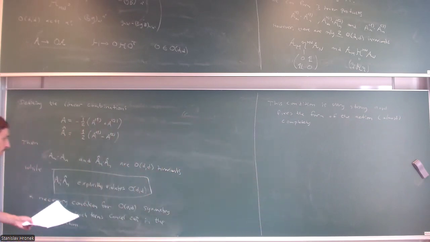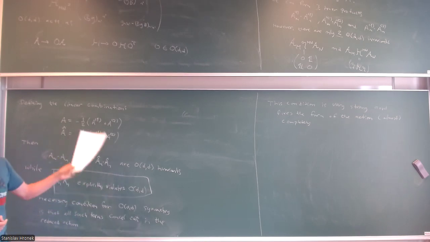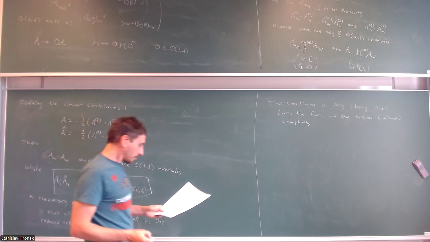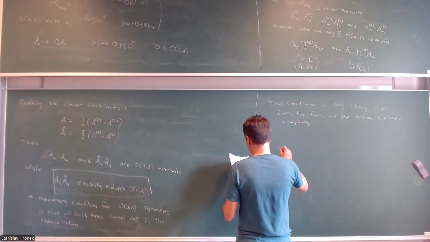But the point is now that this is much easier to implement, just looking at these terms, this is a very small subset that we generate in the dimensional reduction. Just looking at these terms and asking that they cancel out is much simpler than looking at all the terms. So this is something that you can hope to do by hand.